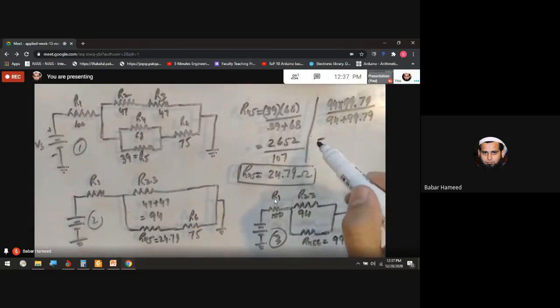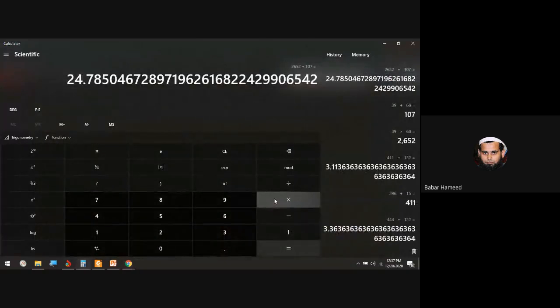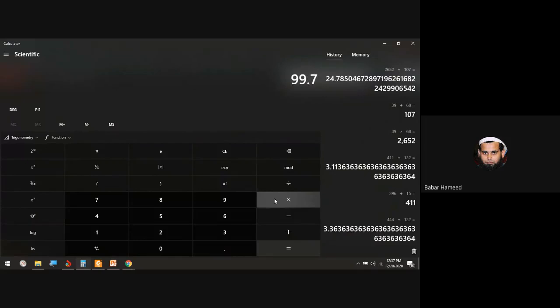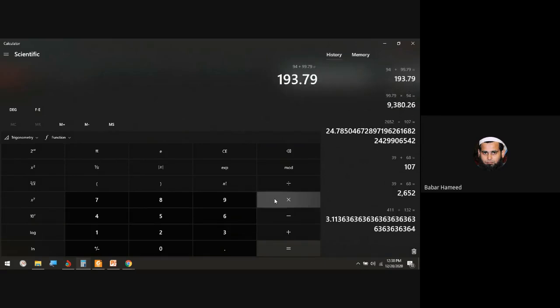That will be equal to, so again calculator for our help, 99.79 multiplied by 94, the whole, this is equal to 9380.26 divided by 94 plus 99.79, 193.79.